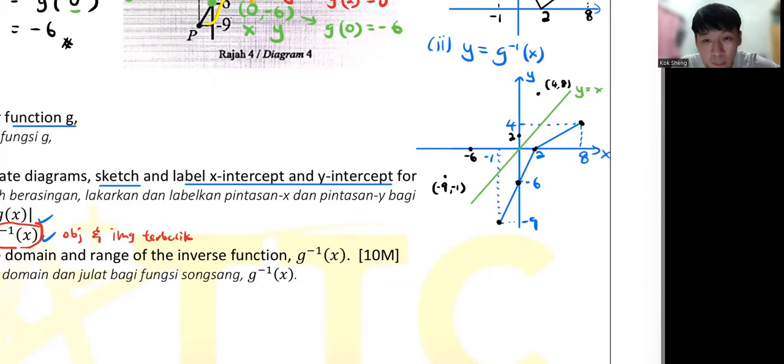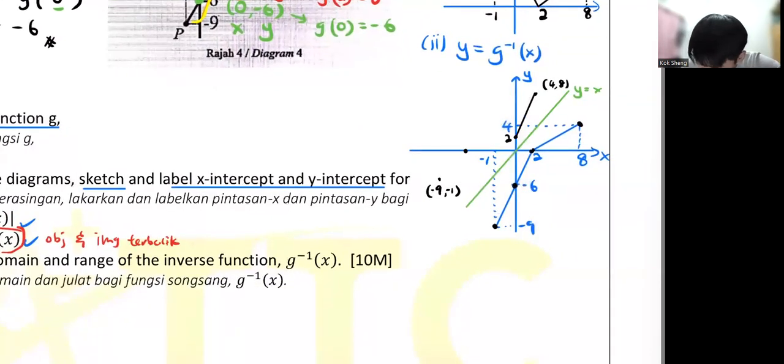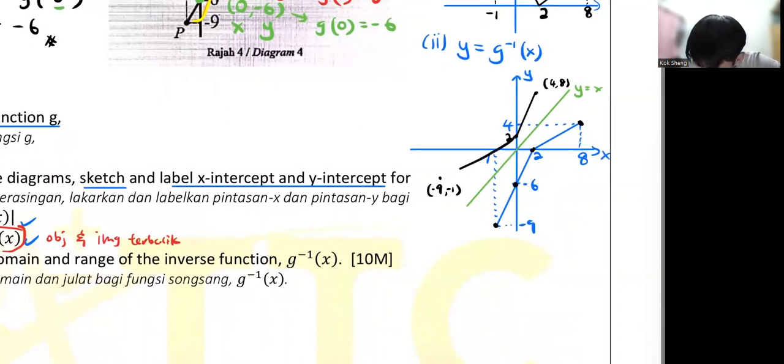All your x and y are swapped. My graph is a bit off. Okay, just join it. Oh no, really a bit off. I need to adjust a bit. Okay, I know already. Let's draw again. The 6 will be over here.